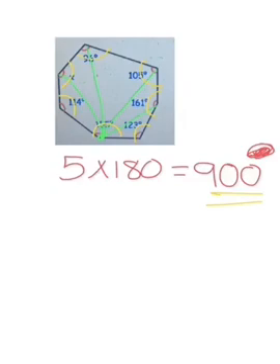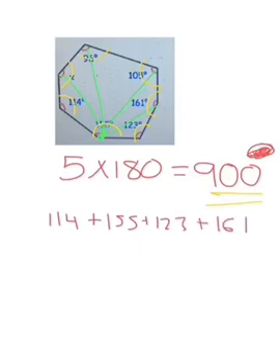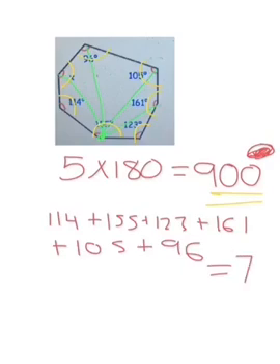Now if you look at the numbers that you were given, you were told you got 114, 155, 123, 161, you've got 105, and you've got 96. Now, if you total those up, that would give you a grand total of 754.